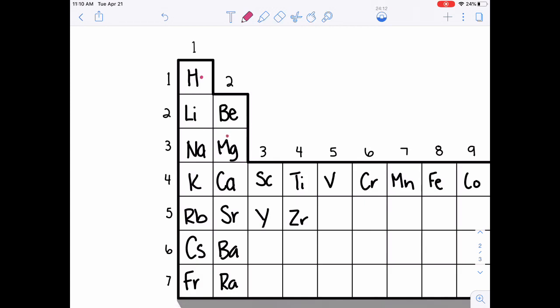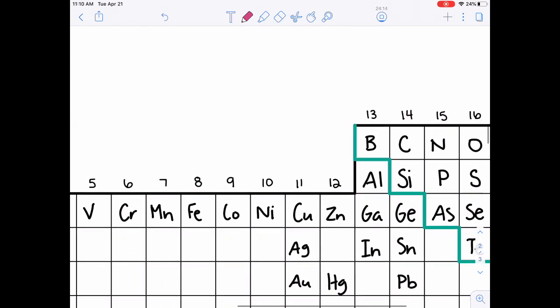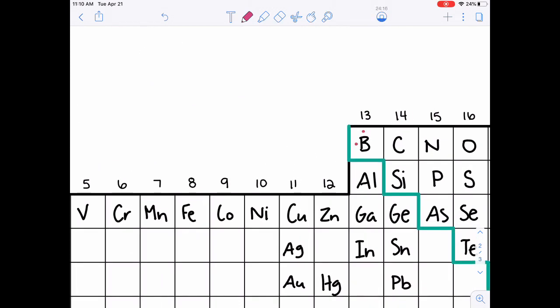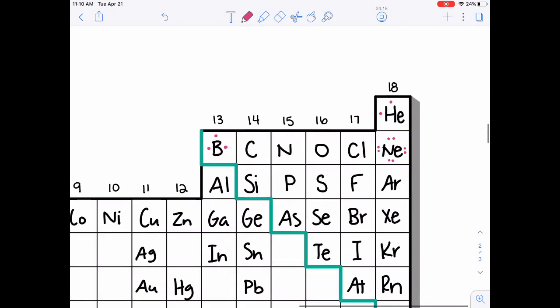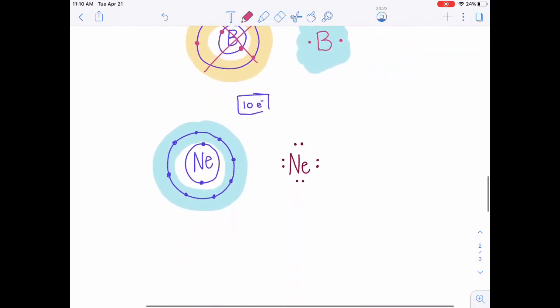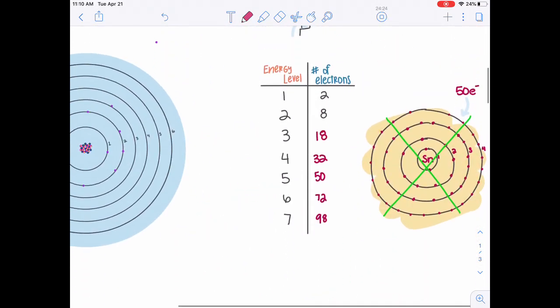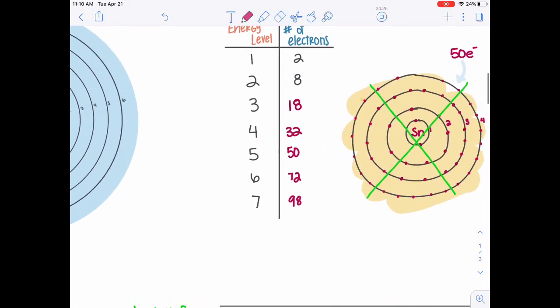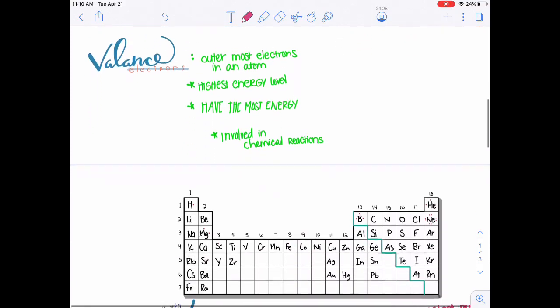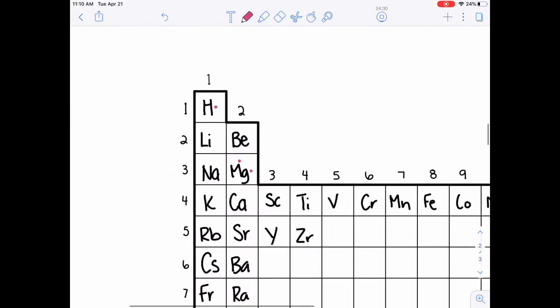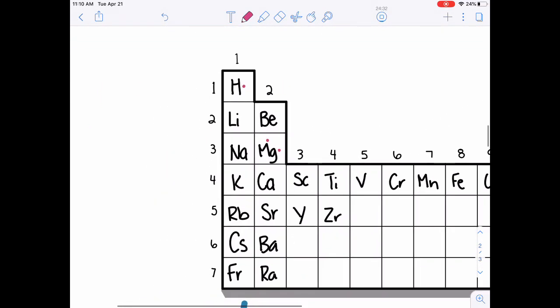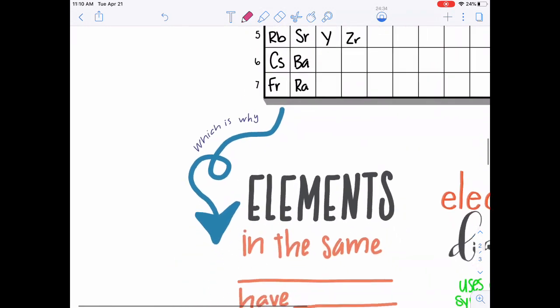Magnesium, we did up above. We did boron, which has 3. What else have we done? Boron, neon. What was this over here? Tin. I don't know if we want to put tin on there. But anyway, we have a connection.